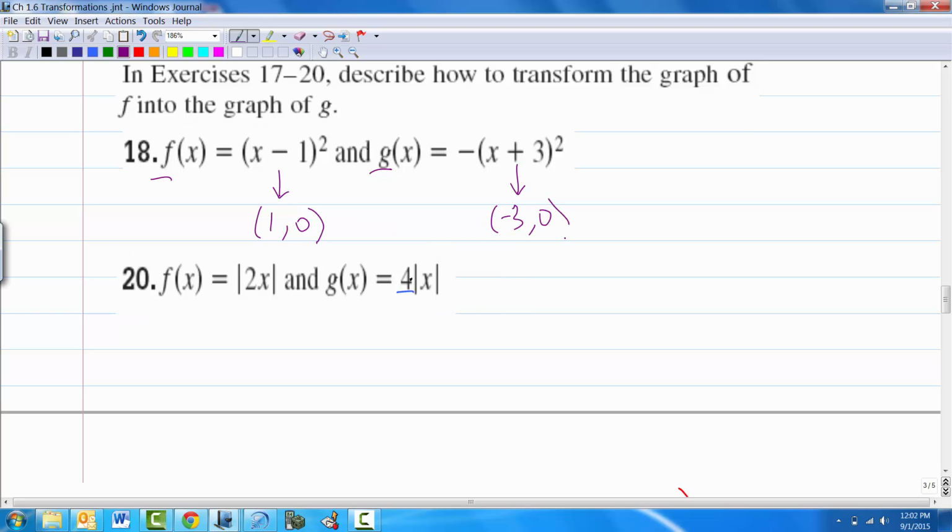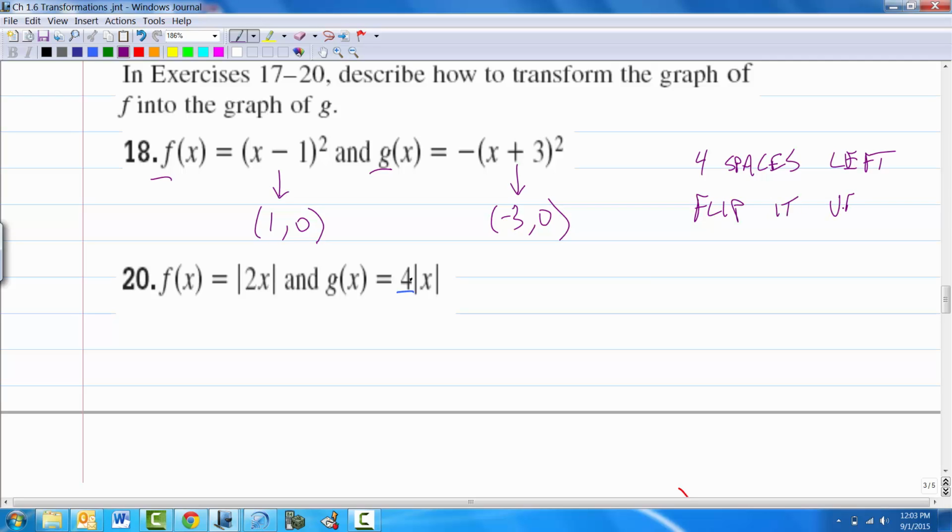How is G of X different? It goes down. So how do I turn F into G? How far do I have to move F to get to G? I have to move 4 spaces which direction from F to G? 4 spaces left and then flip it vertically, I guess.